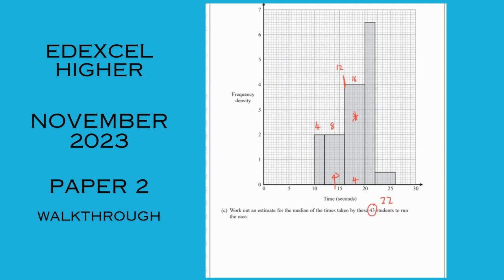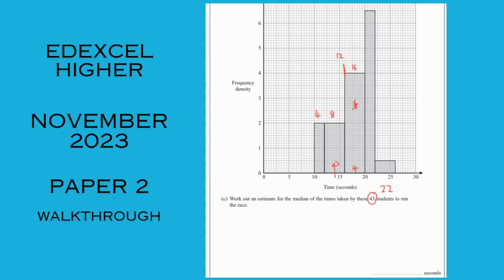Somewhere in here is our median. Now, my method for interpolation is lower boundary, which in this case is 16. And we've got 12 students. The 22nd student is 10 students into the bar.